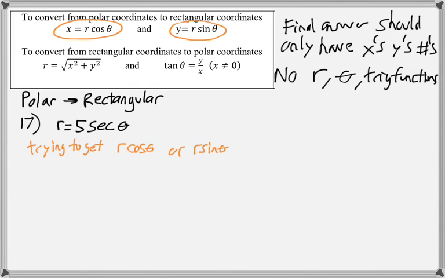So I have this 5 secant of theta, and I'm going to multiply both sides by 1 over secant. So that is my strategy for this one.